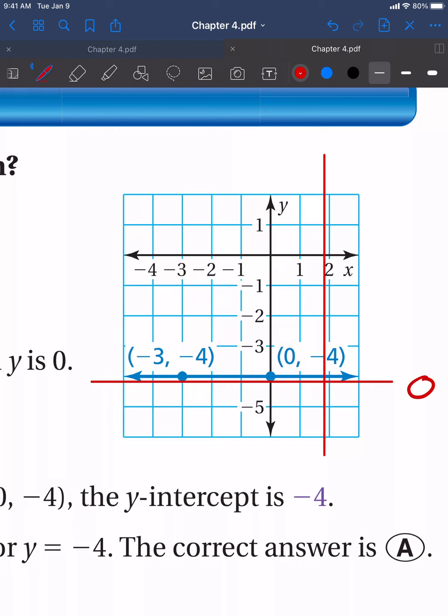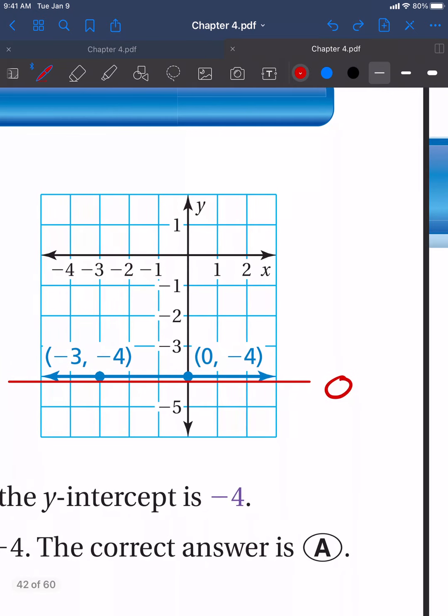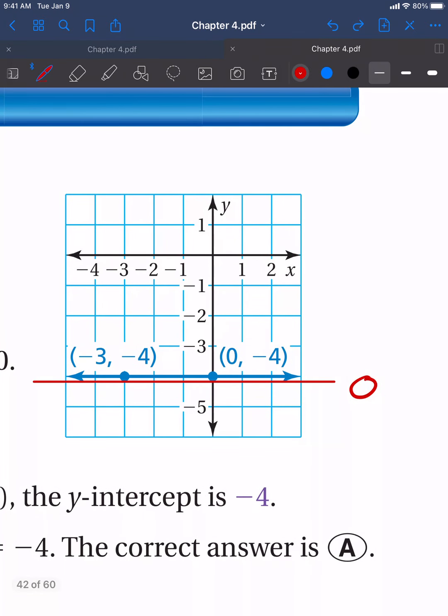Undefined. Doesn't exist, right? Different than 0. However, my line is horizontal, so you guys just told me something. What is the slope? 0. What is the y-intercept? -4. So now I have y equals 0x plus -4.